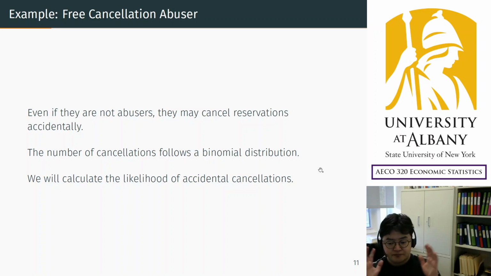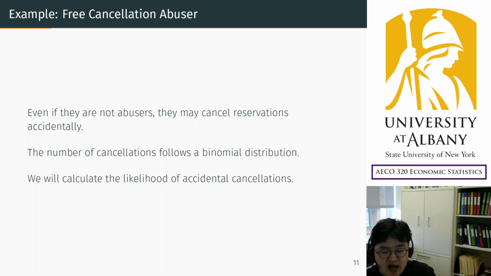What we need to do here is, the probability I'm going to calculate will be like this. I will believe that they are not abusers. They are good customers. Still, however, they may cancel reservations. Their reservations may be canceled by chance. That is possible.